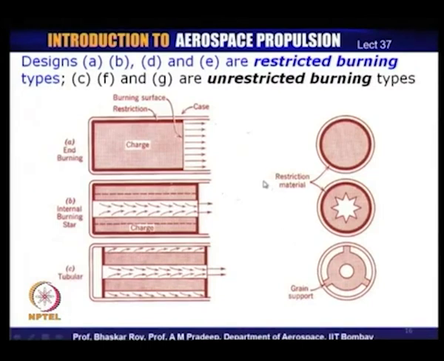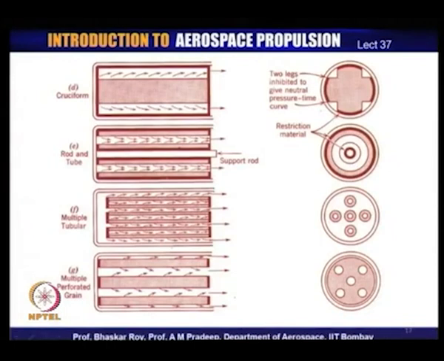Let us take a look at some more of these grains. Again, as we can see here, this one has a lot of restricted burning, whereas in the D one the main fuel is over here, and these are the surfaces which are open to burning. This is a cruciform or cross type of shape, in which these surfaces are open to burning, and these are inhibitors which are also used for holding the propellant in place firmly, otherwise they are likely to move.